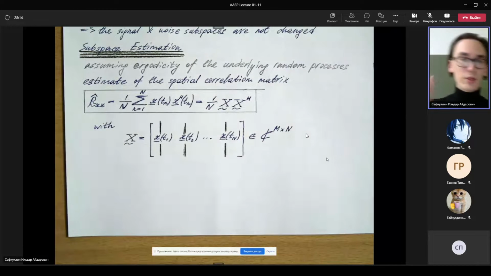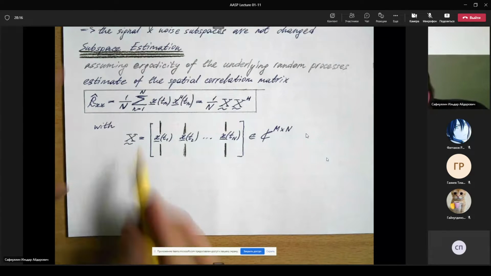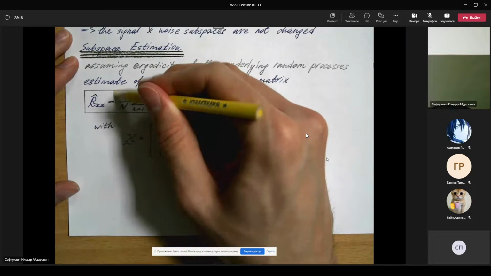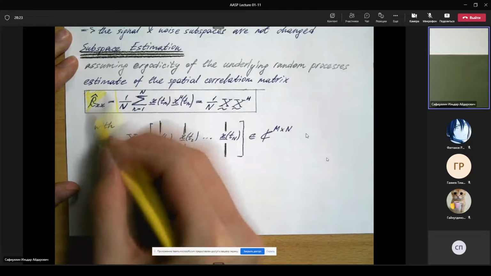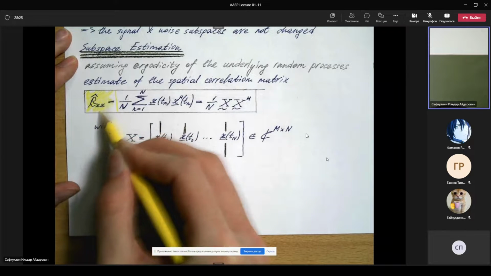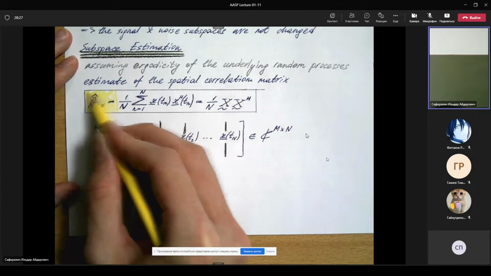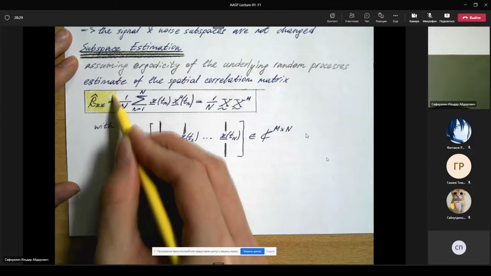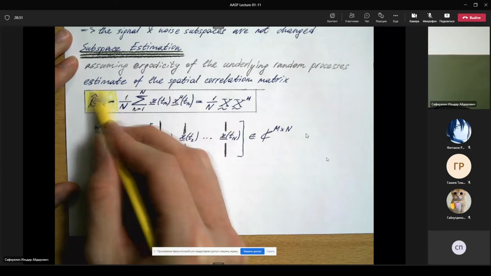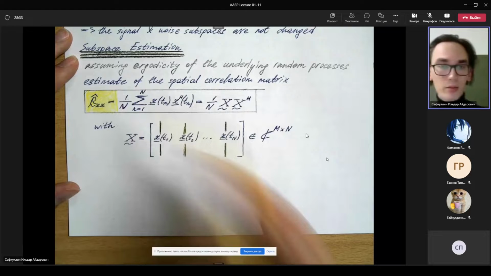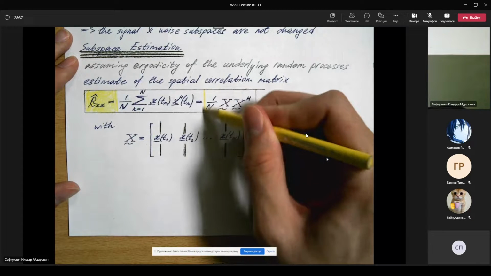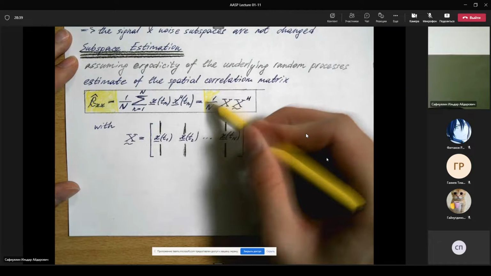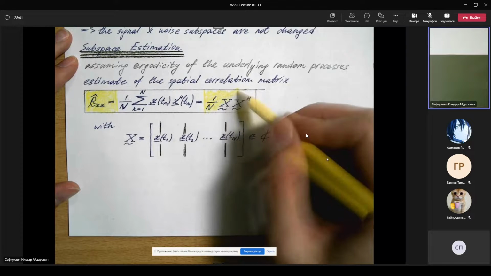So the estimate of the spatial correlation matrix Rxx is equal to 1 divided by N times X X Hermitian.